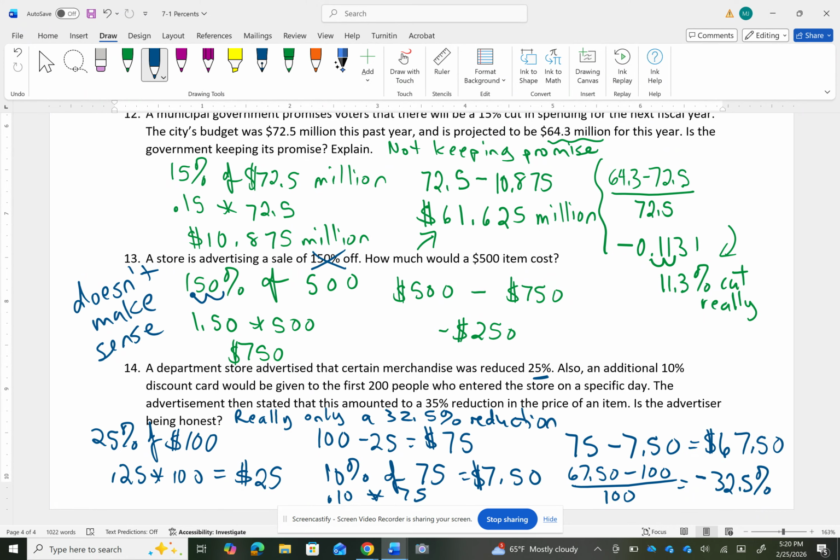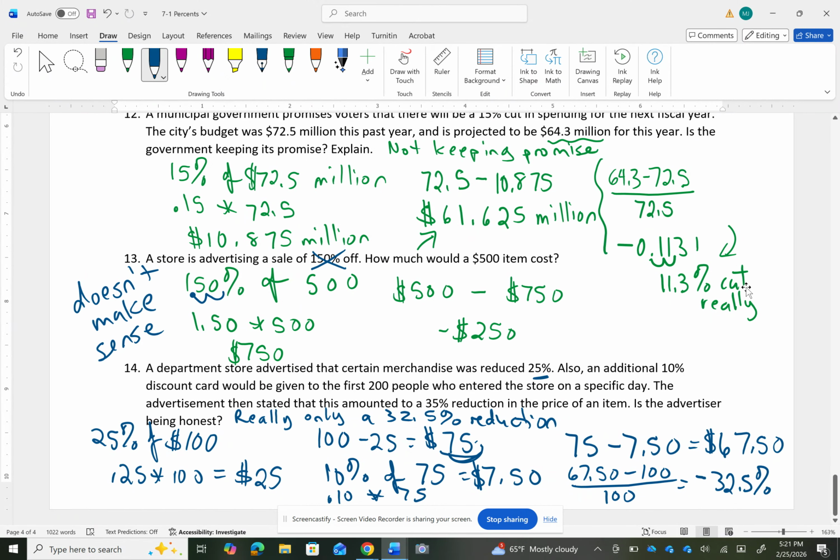So that means that 10% isn't being applied to the $100 original cost of the item. It's being applied to that reduced price of $75. So it doesn't really turn out to be a 35% reduction. It's only a 32.5%.